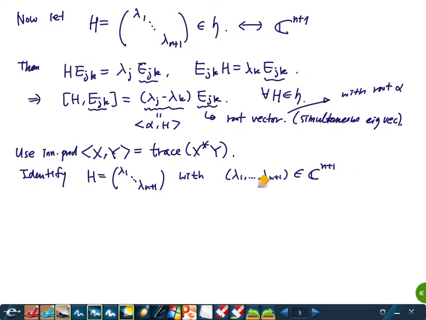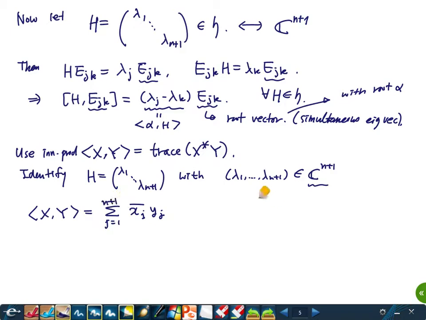Now let's see what happens in this inner product in terms of this. Actually it's quite easy. This can be translated into xj yj. Oh no, not bar, right?